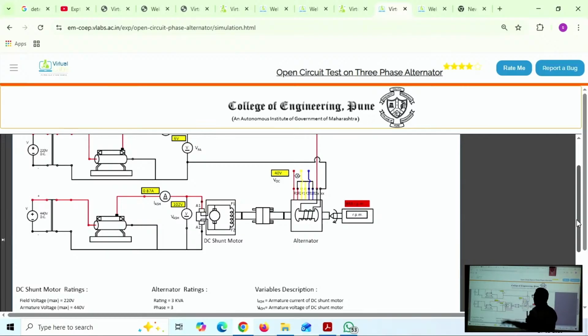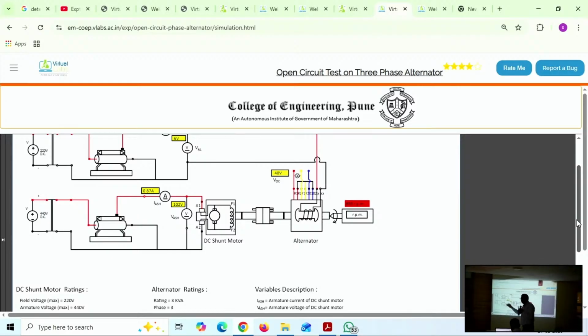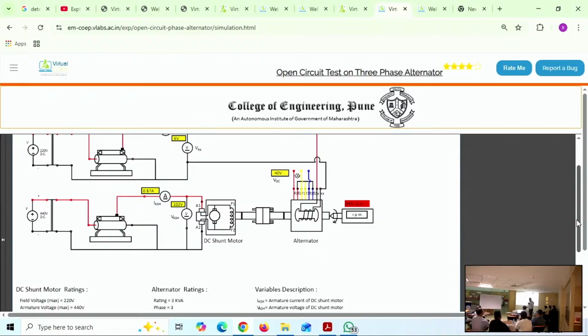In this alternator speed control, we are bringing it from 0 to 1500 or from some higher value to 1500. 0 to 1500 is below the rated speed or above? So below the rated speed, what method should be employed?